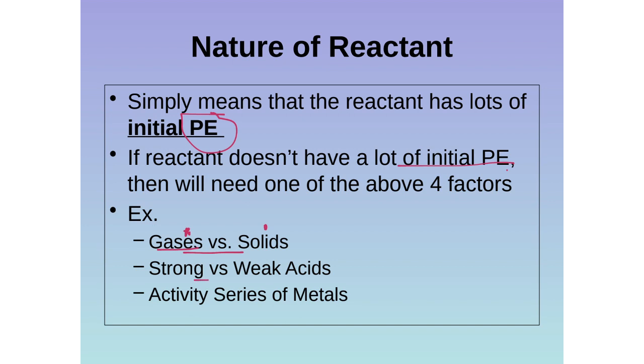If you were doing a reaction with an acid, for example, maybe you could swap out a strong acid versus a weak acid if it worked. And then another example is our activity series of metals that we learned about in grade 11. We just know that some metals are more reactive than others. Perhaps if you are carrying out a certain reaction and you can swap out metals, that would be an opportunity to do so.